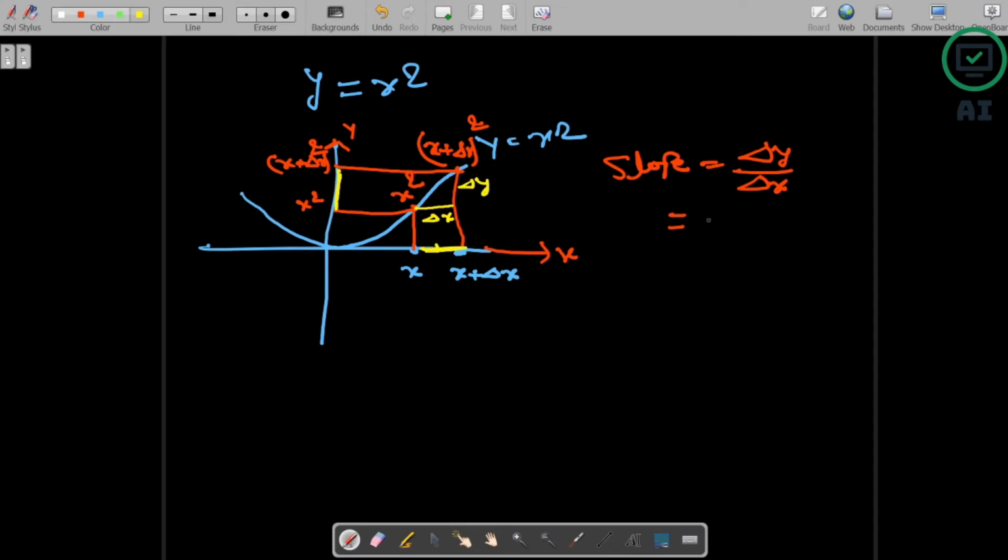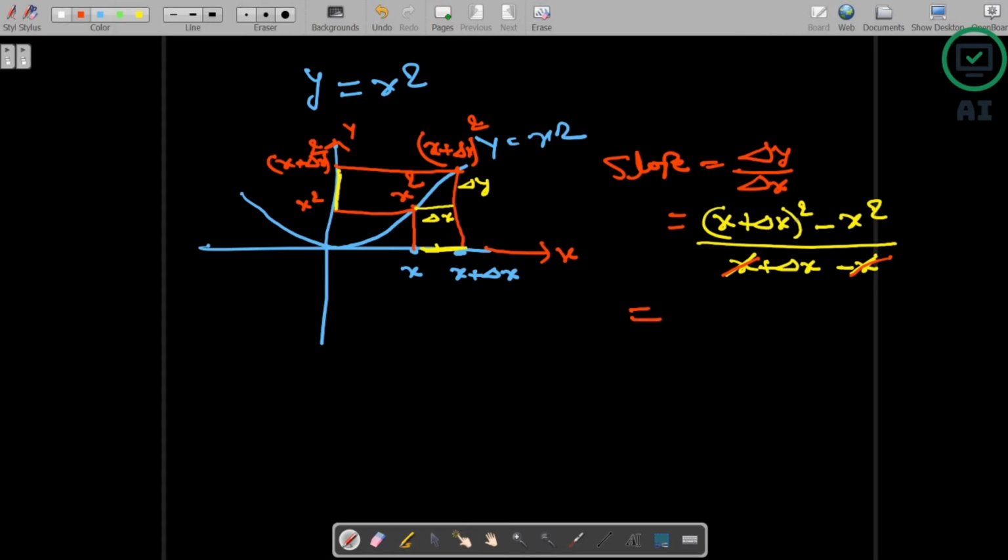So delta y is nothing but x plus delta x whole square minus x square. And what is delta x? x plus delta x minus x. So this x and x would be cancelled. So let's solve this.